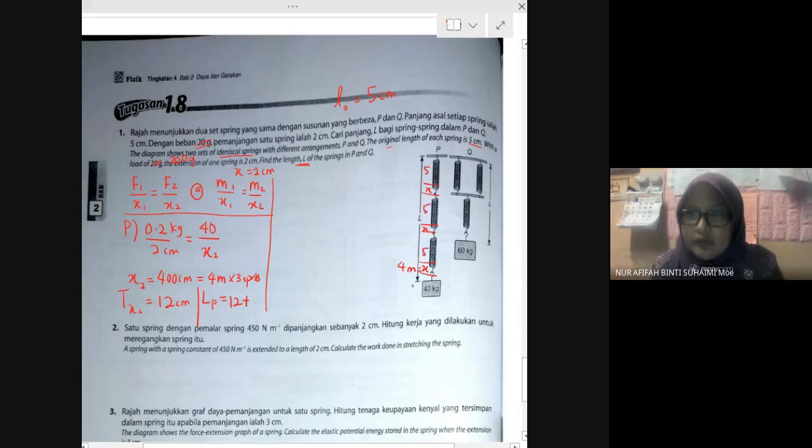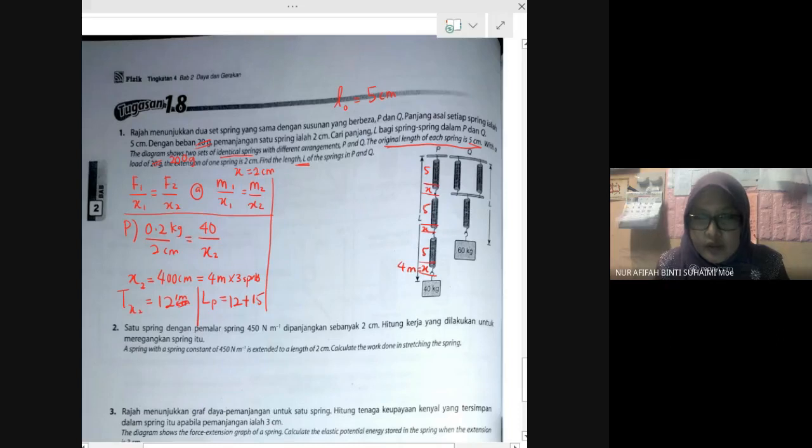And we know that the original length of each spring is 5 cm, right? So we just add 3 times 5 equal to 15. Ini tadi meter. Meter, sorry, 4 meter times 3 equal to 12 meter.